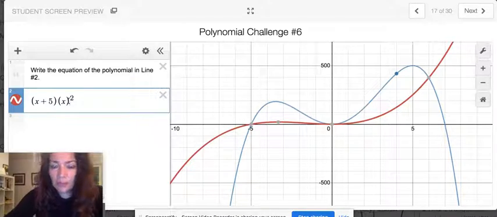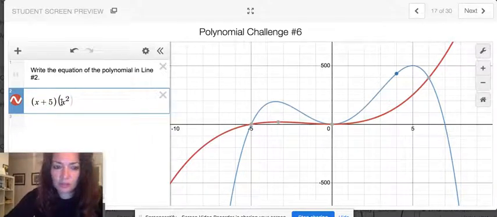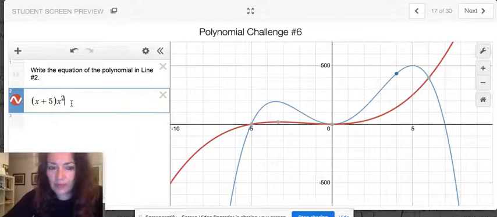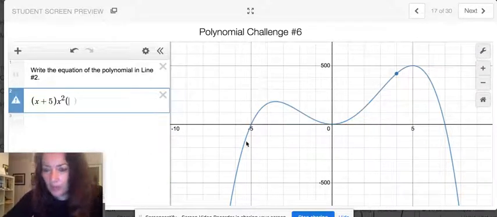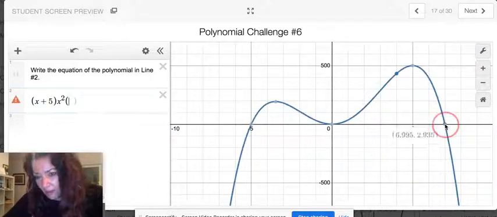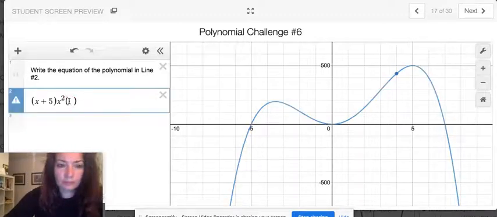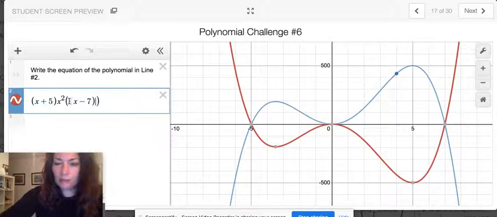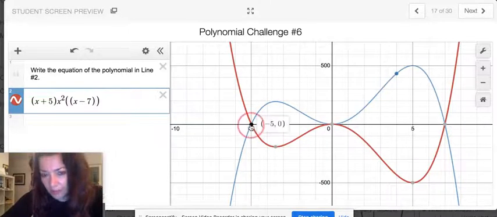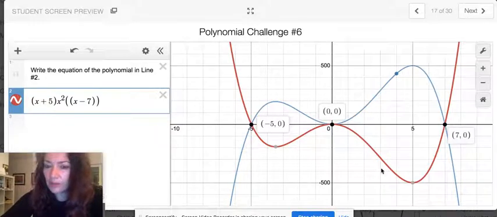If you don't write the parentheses, that is fine too. The order in which you write the factors does not matter. And then I have an intercept at 7, so that would mean x minus 7.